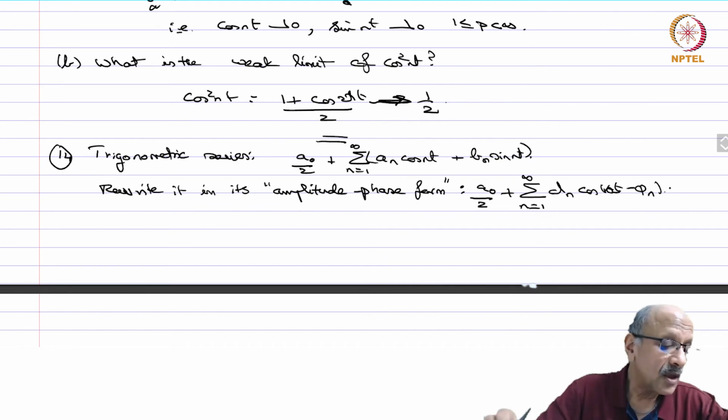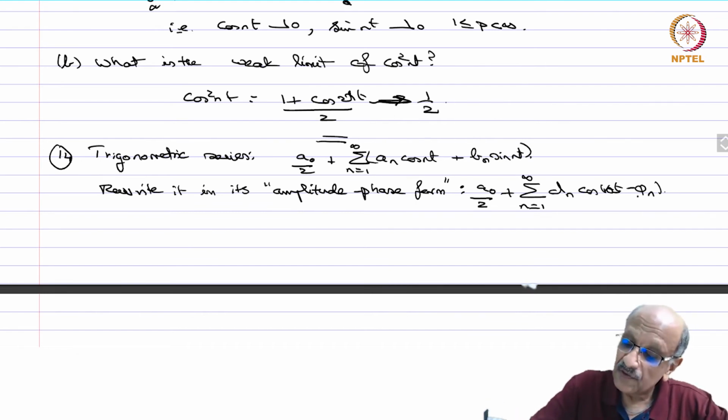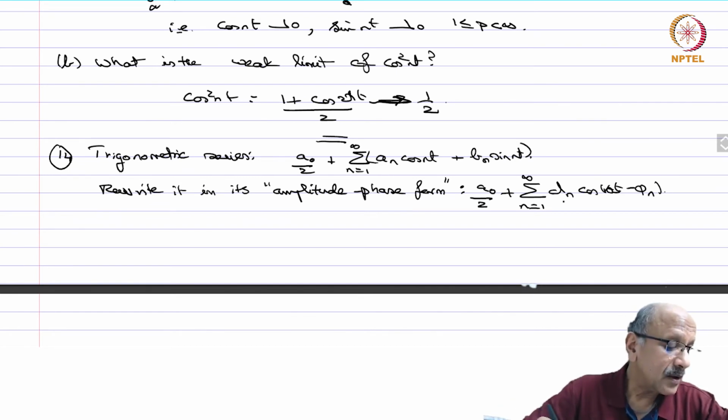Okay, so phi n is the phase, dn is called the amplitude. Okay, so solution.